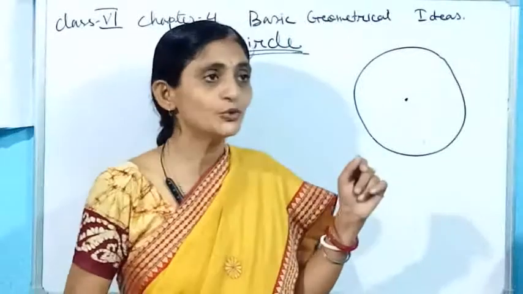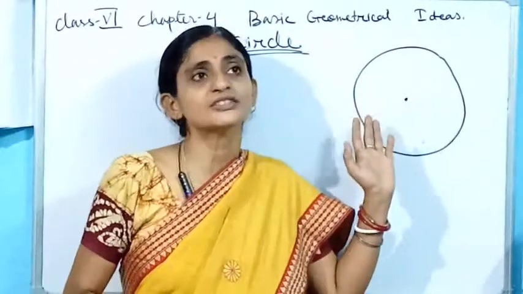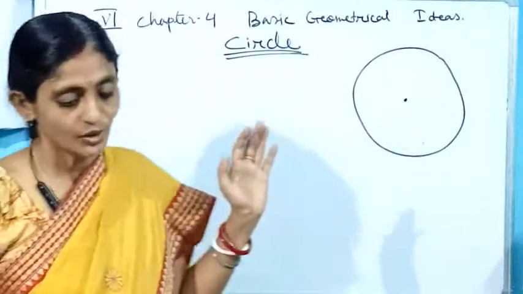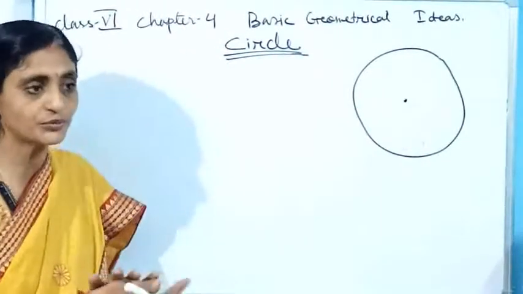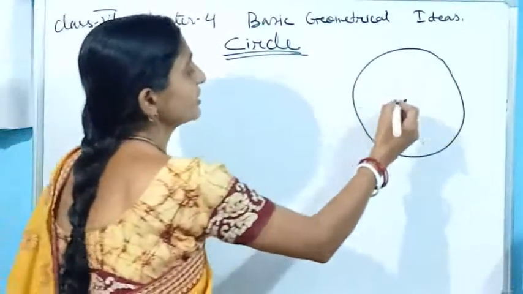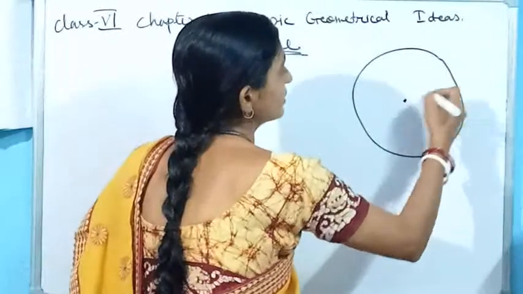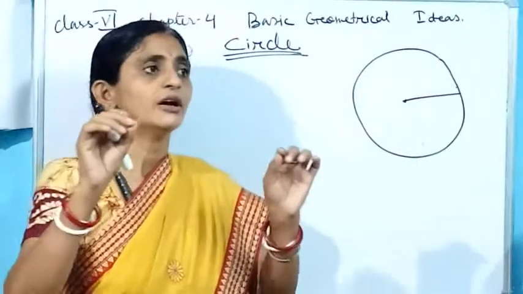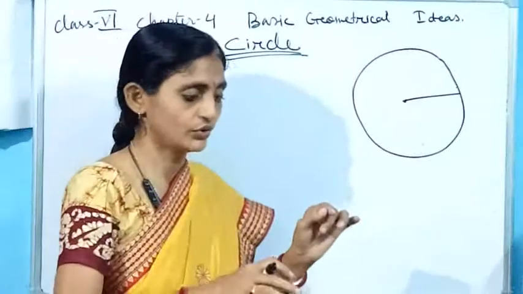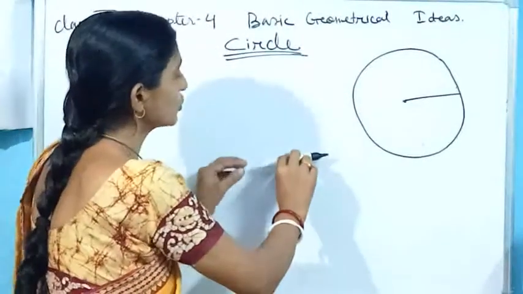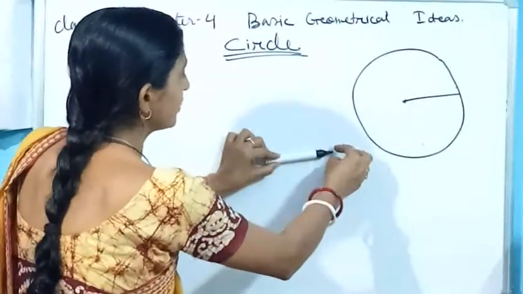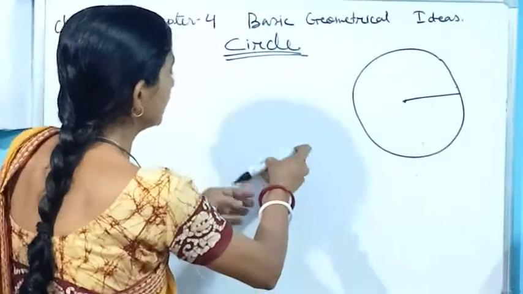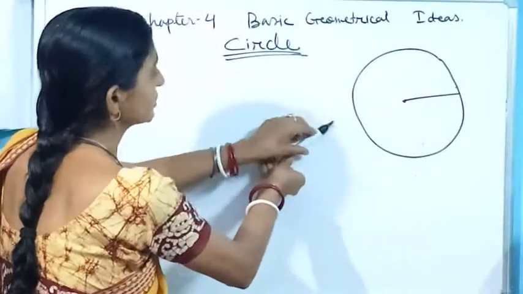Here you know that it is a special figure where the distance from the center to the points lying on it will be fixed. If you put a rope and turn it like that, and that part makes any color, when I turn it, I will get a perfect circle.